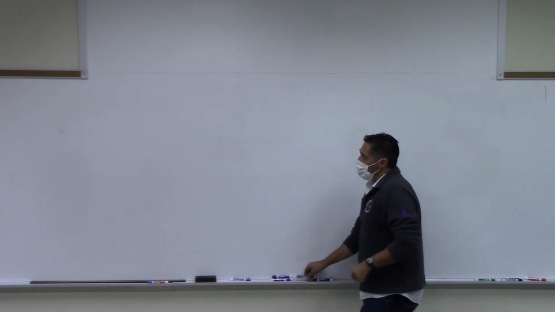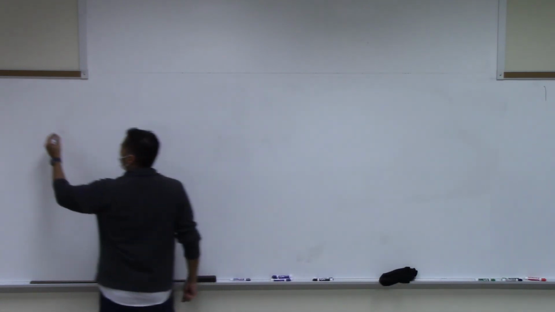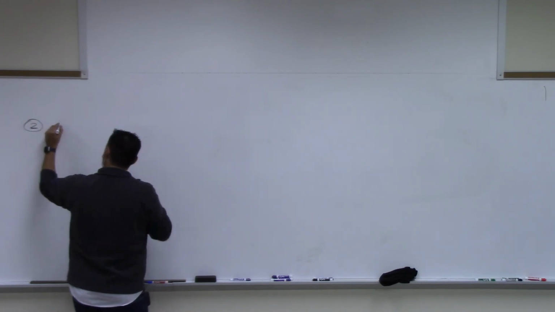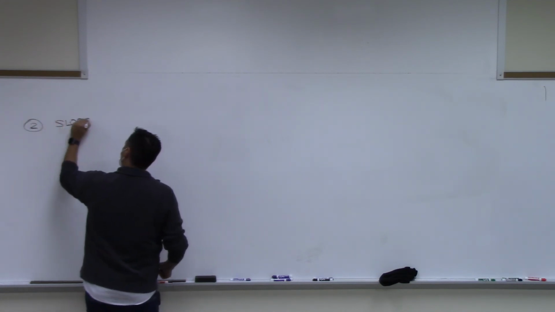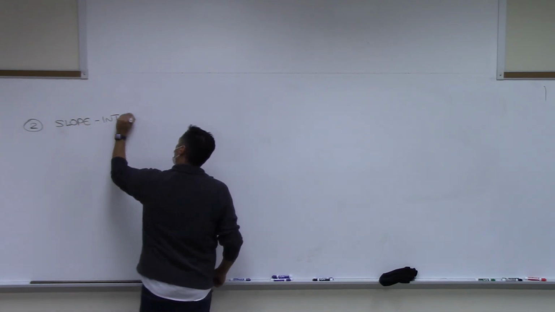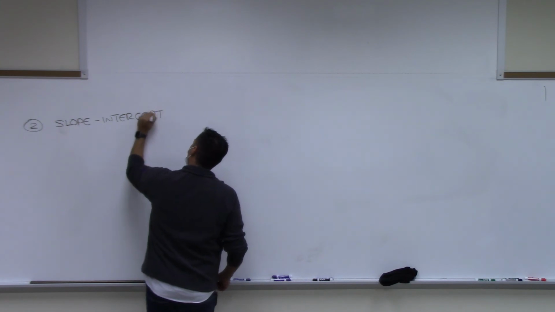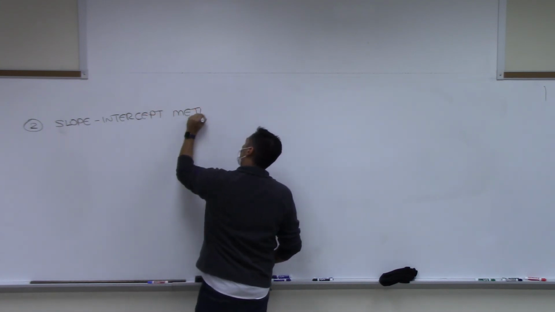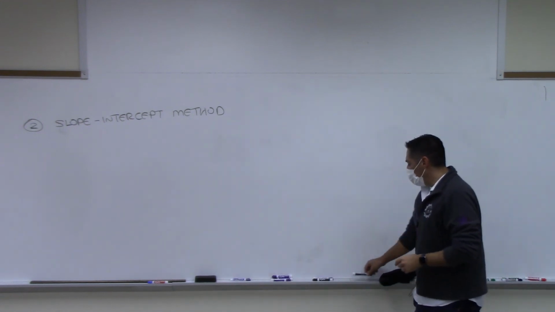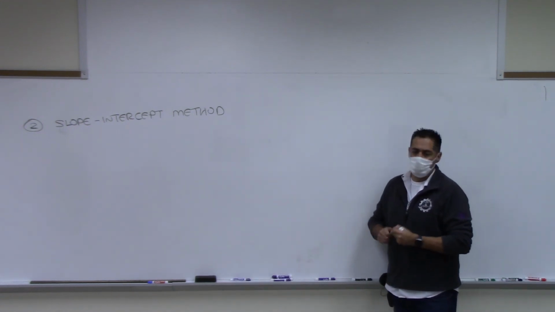Okay, so the second method to sketching a line is called the Slope-Intercept Method. The Slope-Intercept Method works like this.